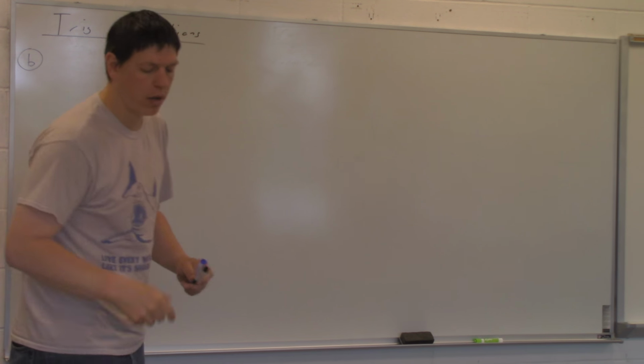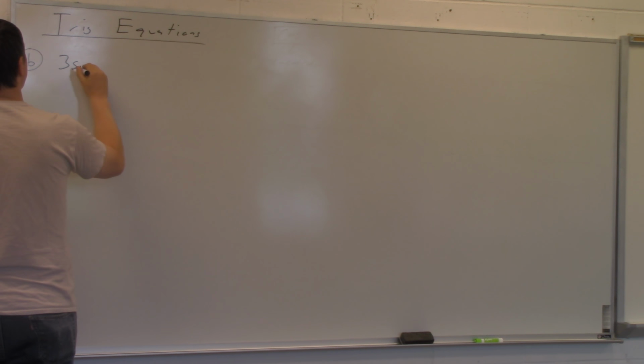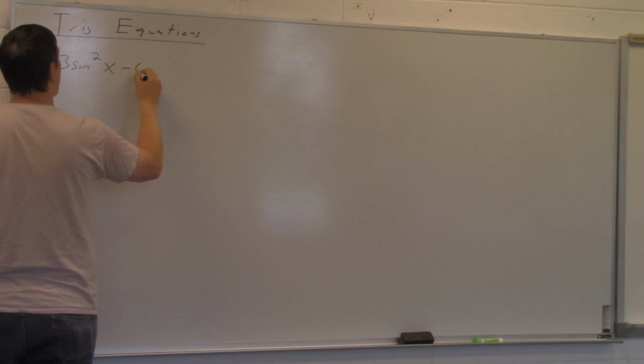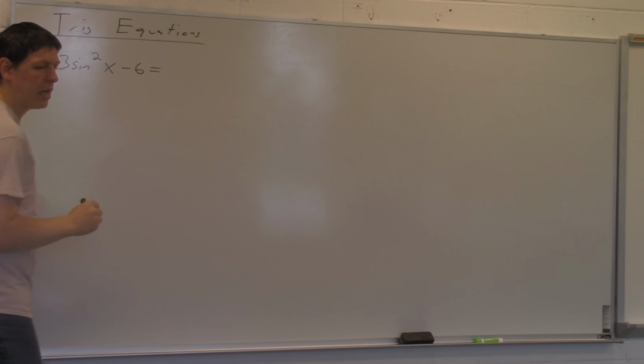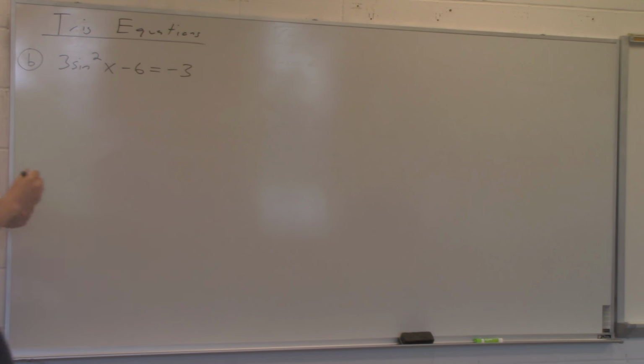Let me show you an example of maybe a quadratic type. Okay, not too difficult. Let's say I have something like 3 sine square x minus 6 is going to be equal to negative 3. What I'd like to do is find all values that satisfy that equation.